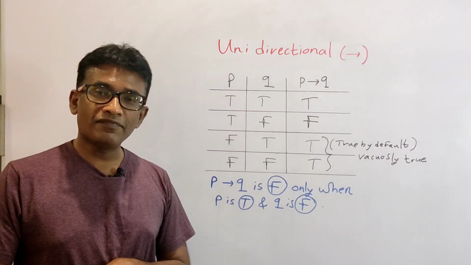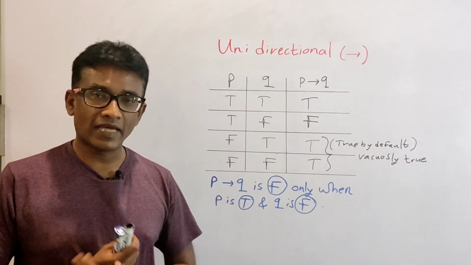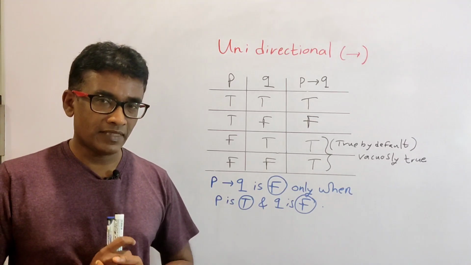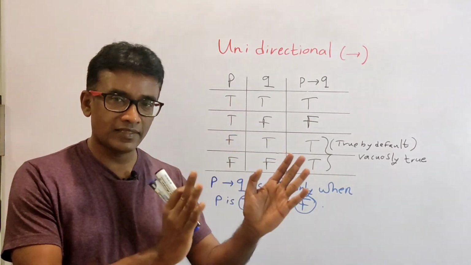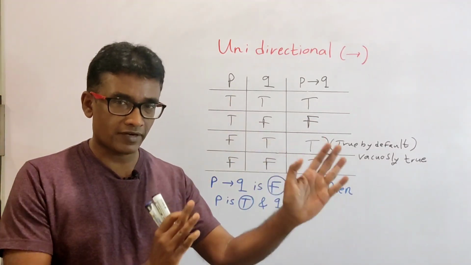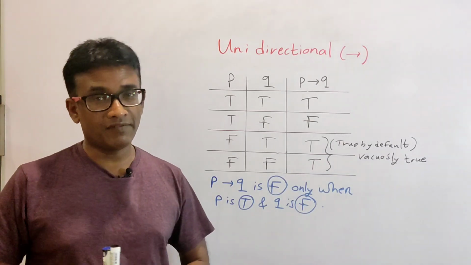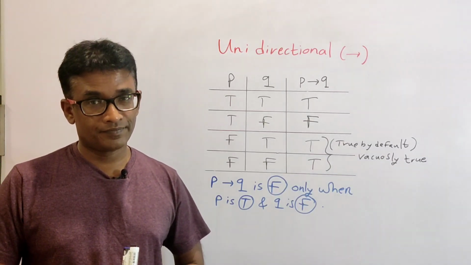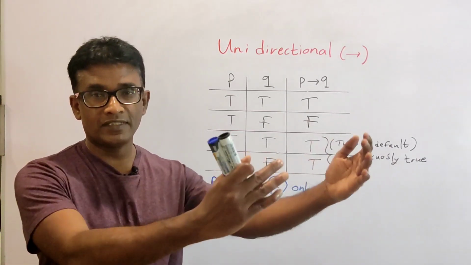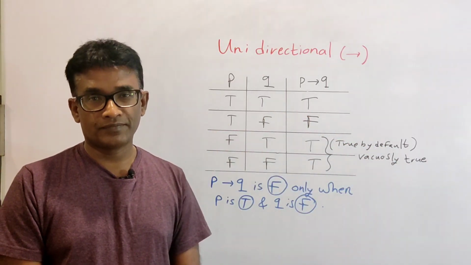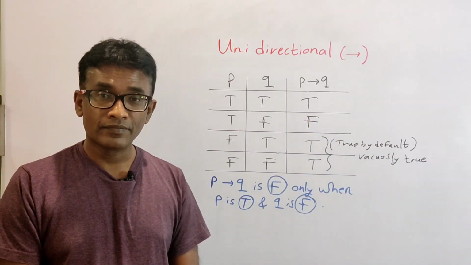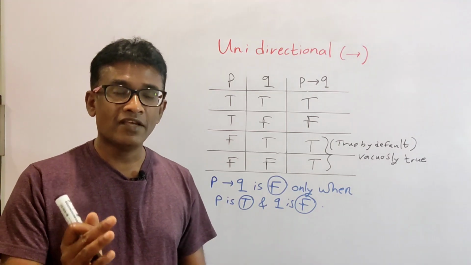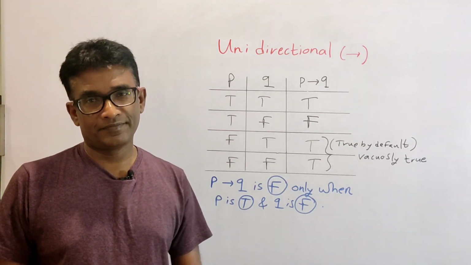The concept of true by default is something like this. Imagine that the police have apprehended somebody for a crime based on false evidence, and then they present this person to the court. What's going to happen? He's going to win the case with flying colors. Why?